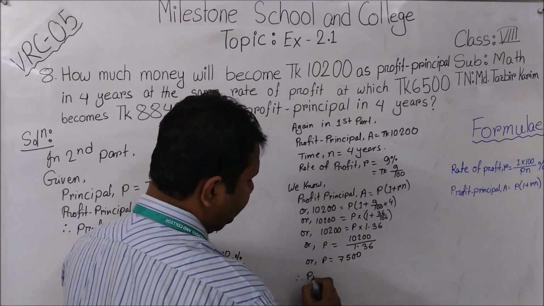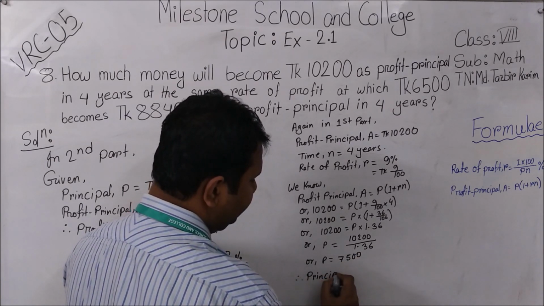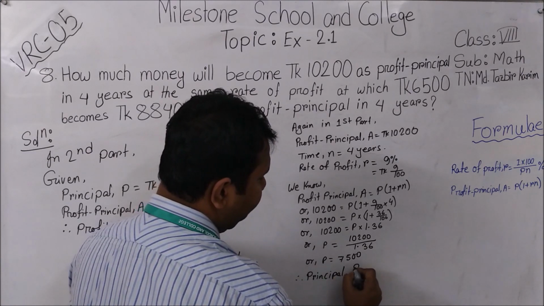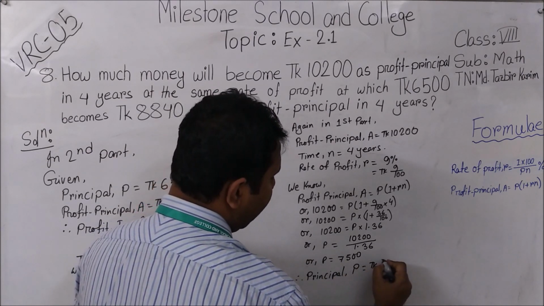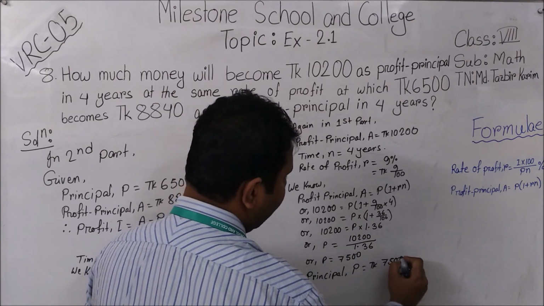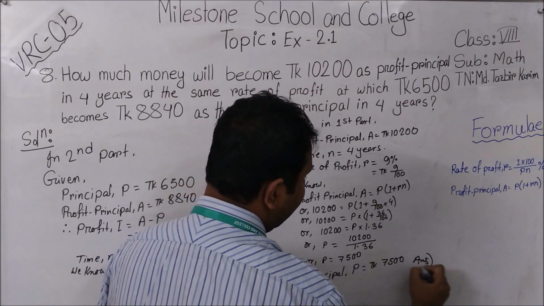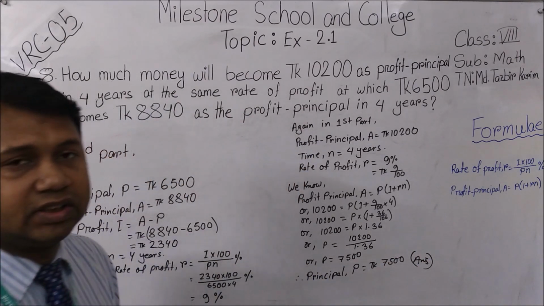Therefore, principal P equal to taka 7,500. And that is the answer.